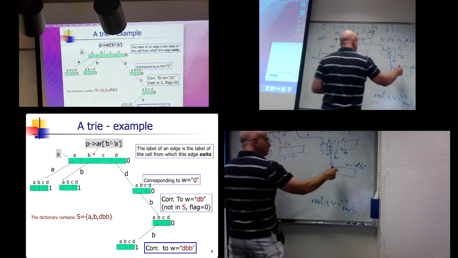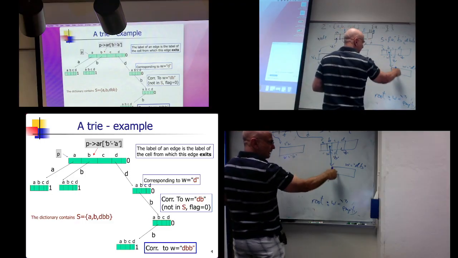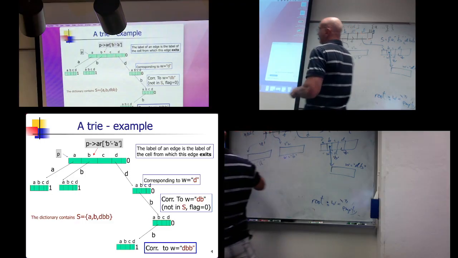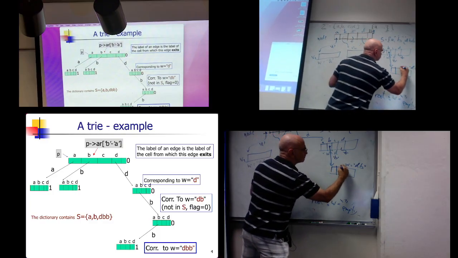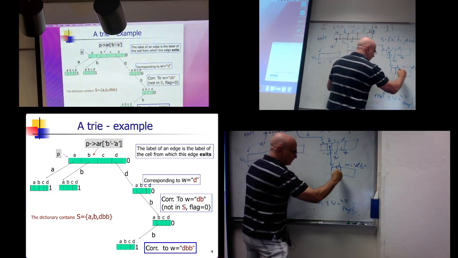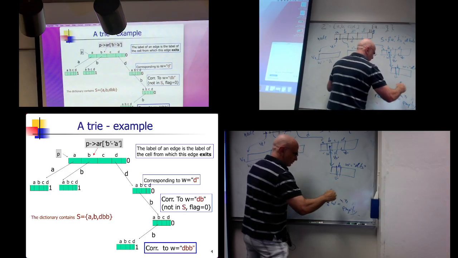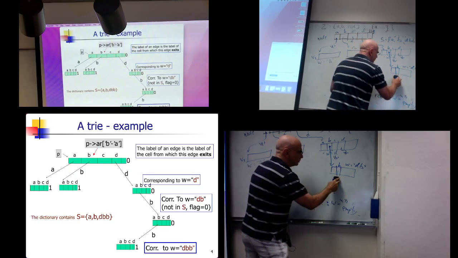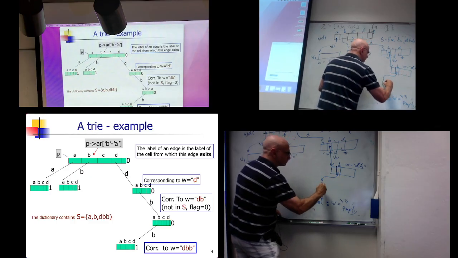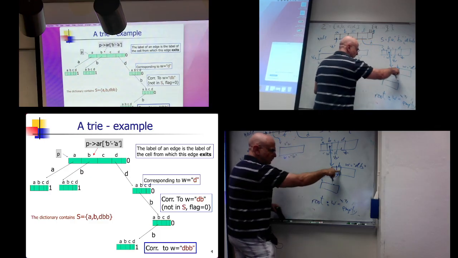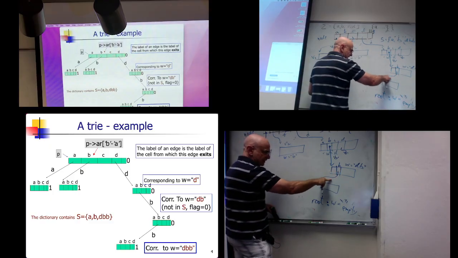Okay, so I'm at this node that corresponds to DB, and from the B node I have a pointer to yet another node. What is the label of this edge?